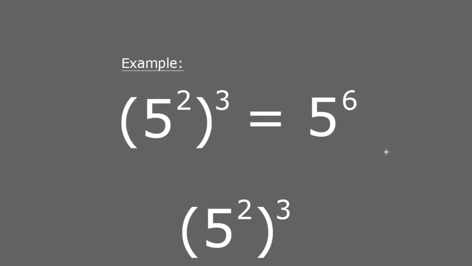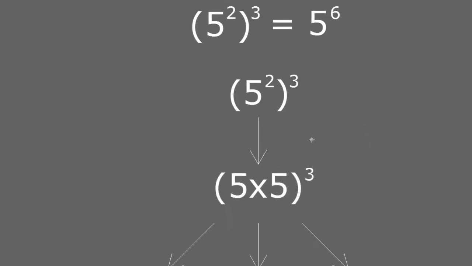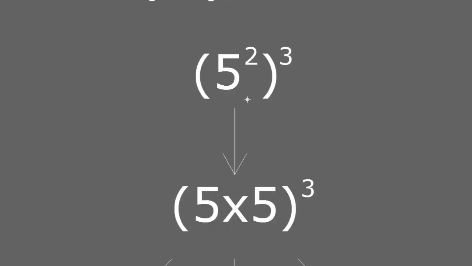But if you want to understand why you can just multiply the exponents, well, let me show you here. Remember, 5 squared is 5 times 5. And 5 times 5 cubed means 5 times 5 multiplied by itself 3 times.